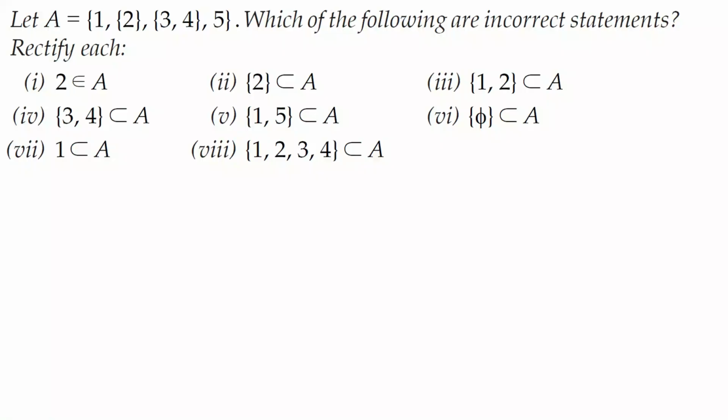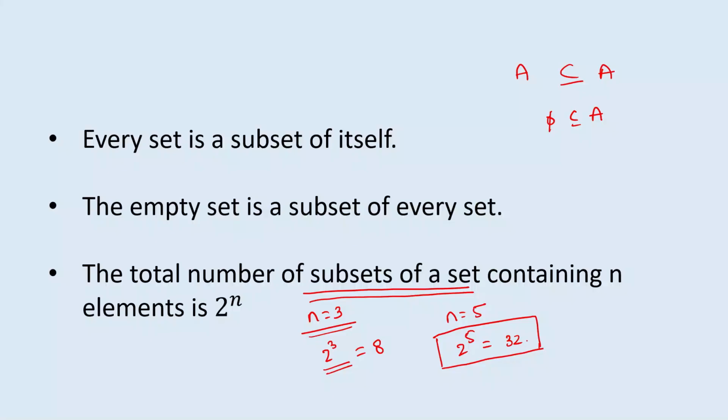So let's quickly have a look at the proof of this particular thing. So suppose that we are having five elements. So the total number of subsets of this set which has 5 elements in it can be found out using combinations.